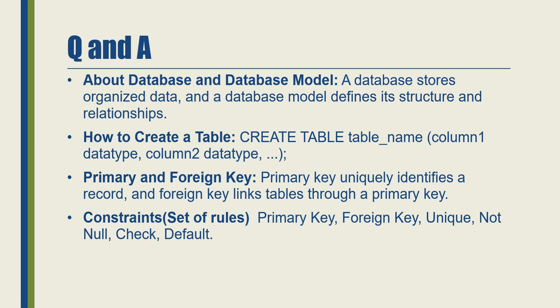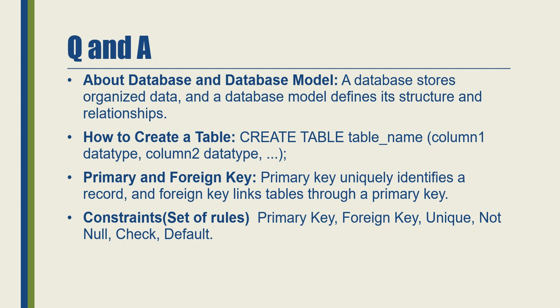Constraints, again most important, are a set of rules applied while creating a table, or for a database architecture. Like for a particular table you are creating, that table should have a primary key. Foreign key is optional, because if it's a master table, then there will be no foreign key.